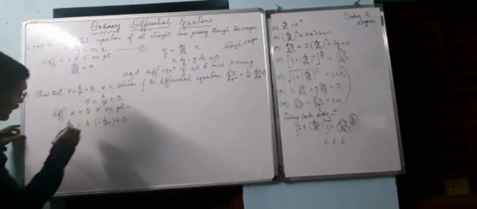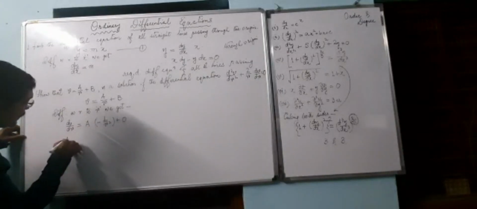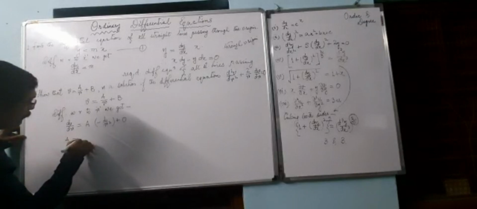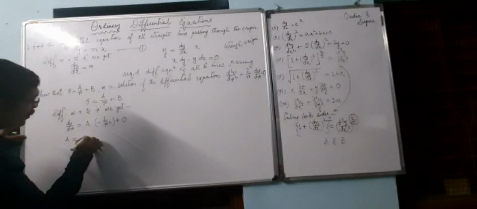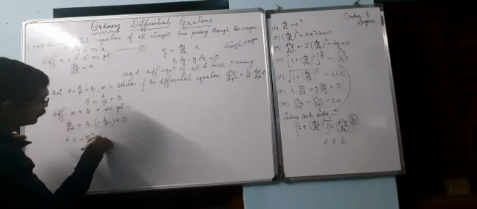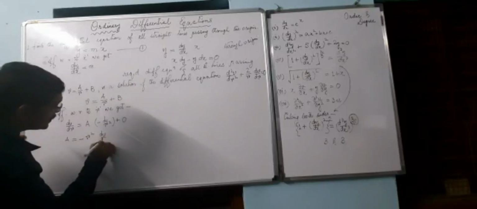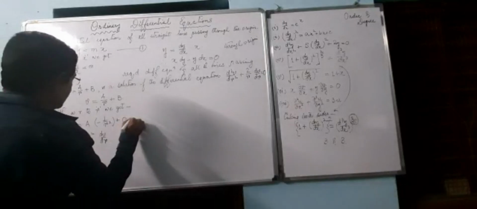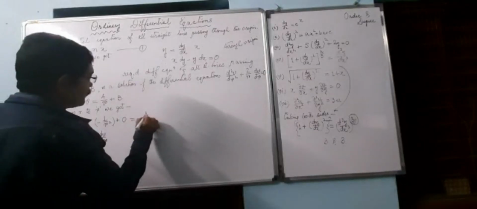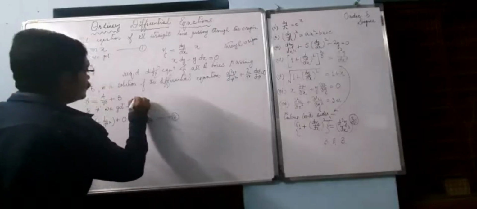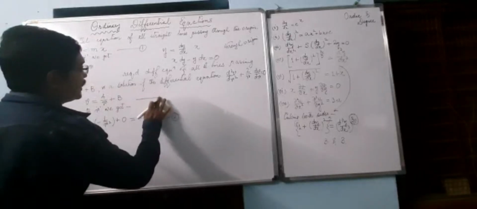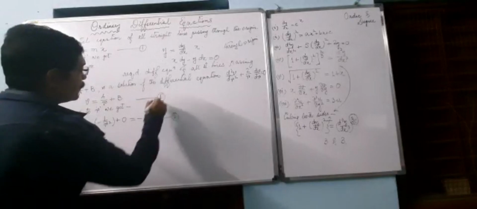So we get a equals minus r square into dV/dr. This is relation 1, and dV/dr equals minus a by r square is relation 2.